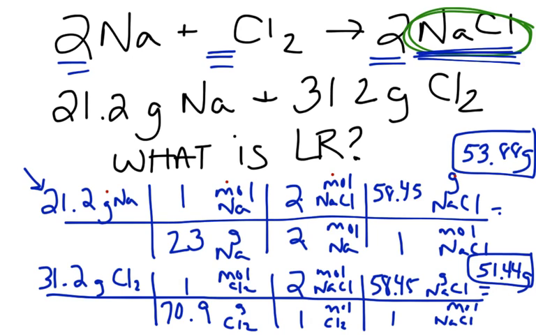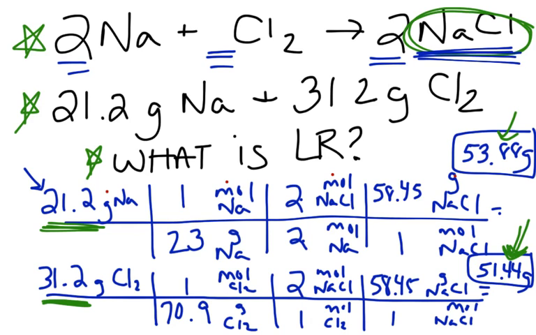If the question said, here's my recipe, these are my ingredients, which one is going to limit how much I can make? Which one's going to hold me back and control how much I can make? So if I look at them, if I start with 21 grams of sodium, I get 53.88 grams of salt. If I start with 31 grams of chlorine, I get 51.